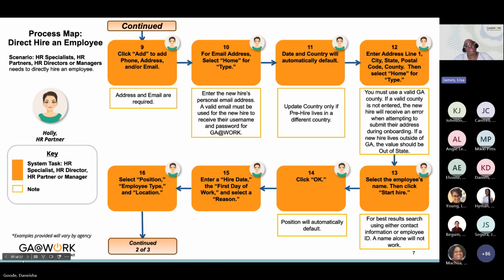We'll enter their address with the city, state, postal, and county. We'll select the type, which will be home, and we'll submit. And then we'll click OK. It'll open up the hire page. We'll enter that information. And again, this will all be demonstrated. Next slide, please.